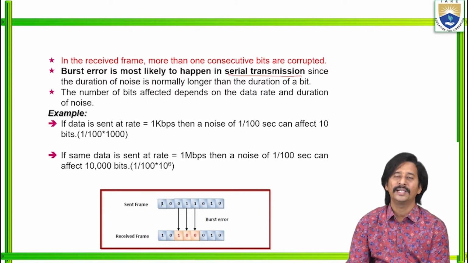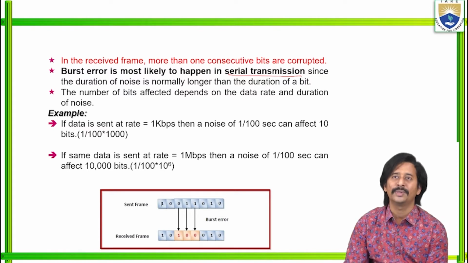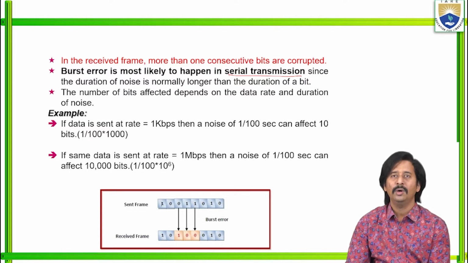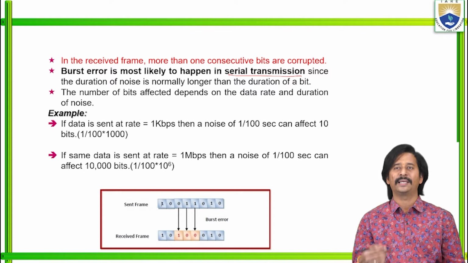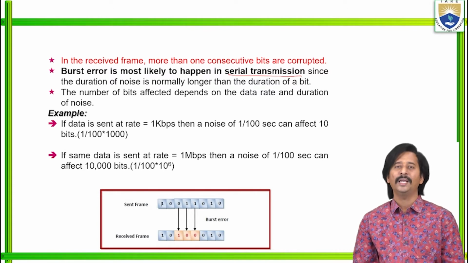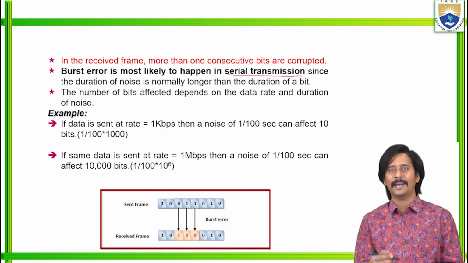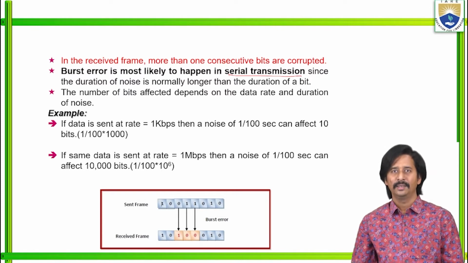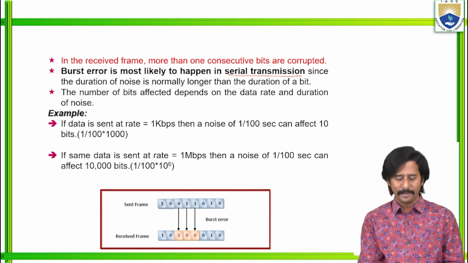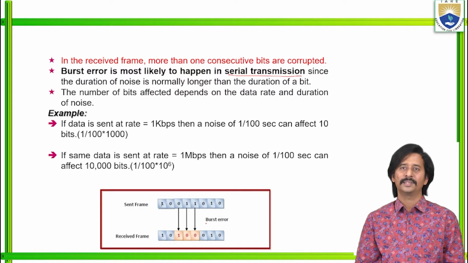So the number of bits affected depends upon the data rate and duration of noise. In this example, 5 bits are affected, right? So this is the best example for burst error.